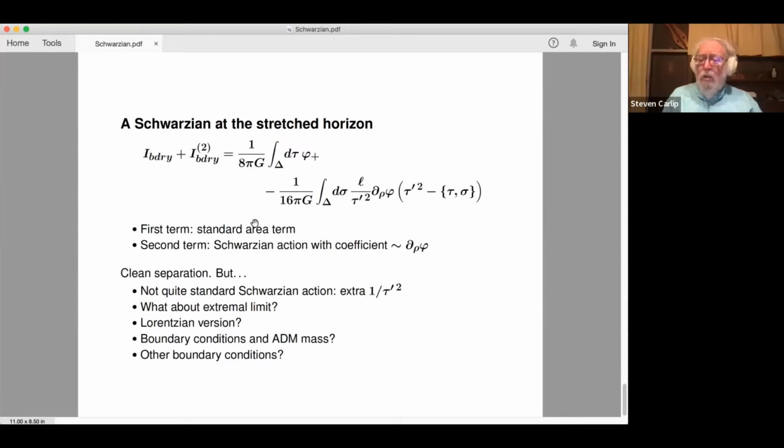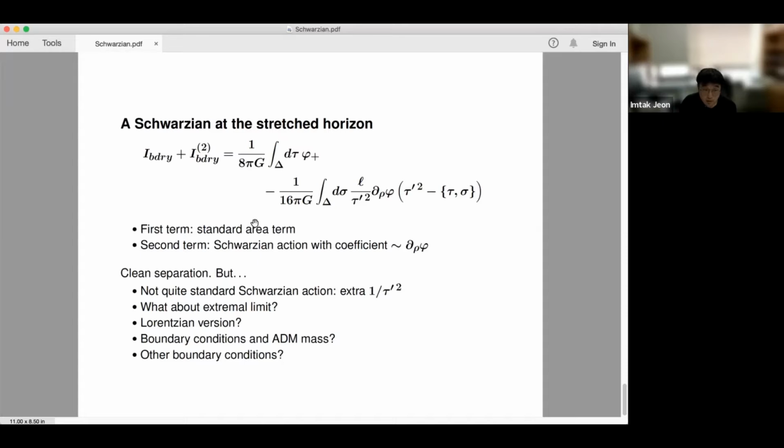Yes. Then I thought that this Schwarzian action was already somewhat beyond the extremal black hole, by wiggling this boundary, already away from the extremal limit.